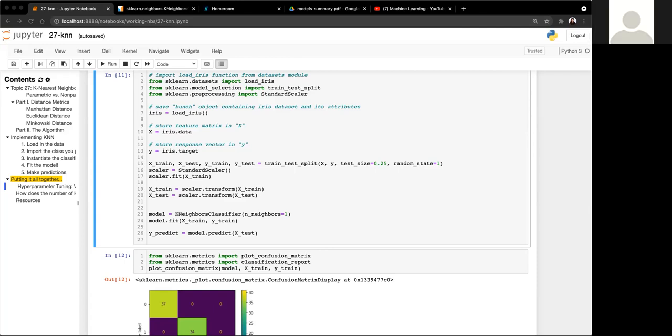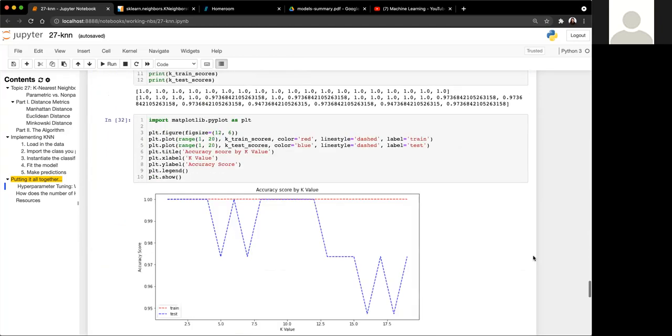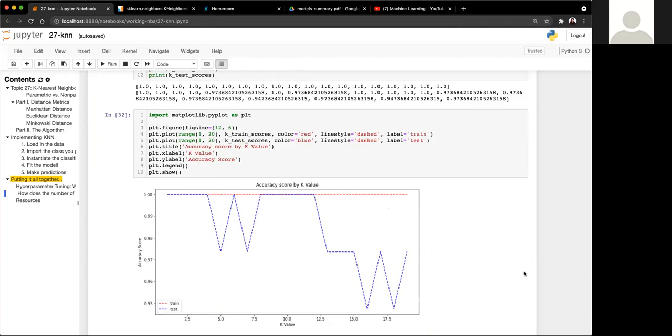I had a quick question. For the K values, should you conduct two models, with K equals 1 and then K equals 3 or 4? Is that something that's preferable to do?